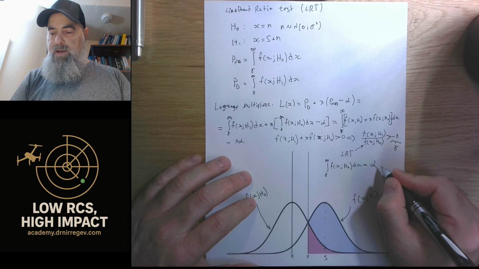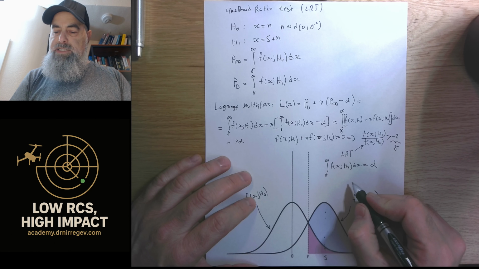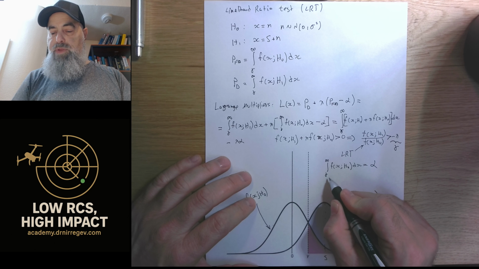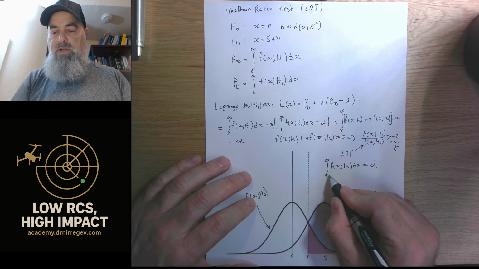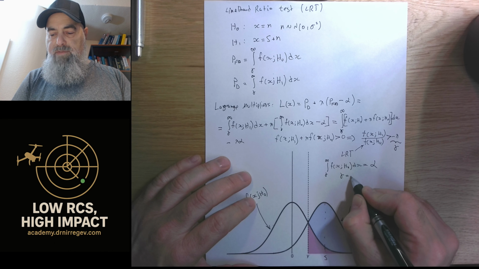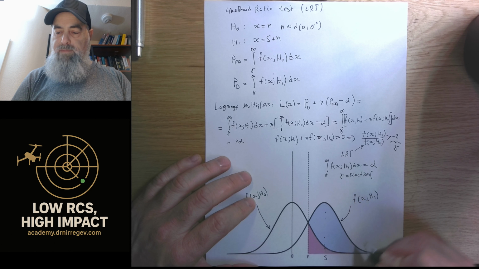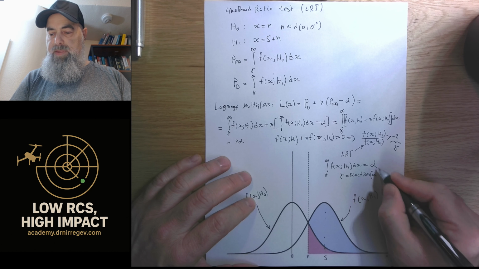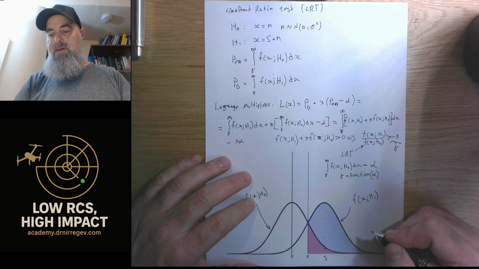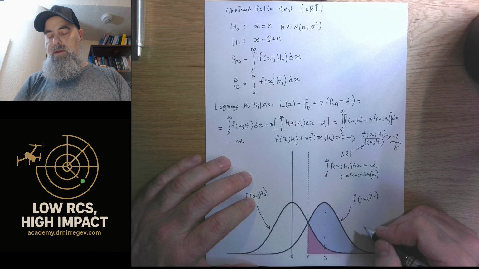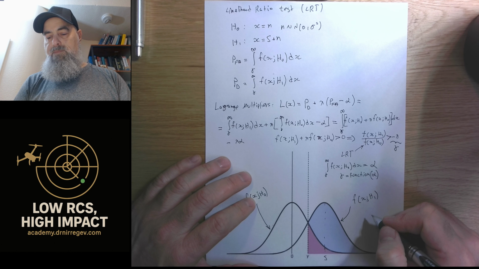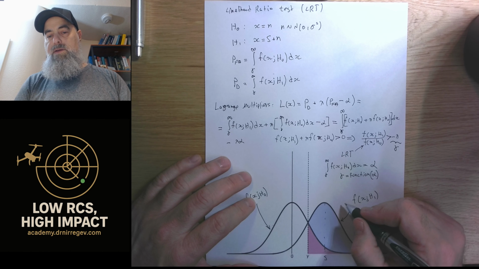And now we are solving this equation with respect to the threshold gamma. So gamma will be a function of this PFA alpha, this false alarm rate. And this is how we choose gamma.